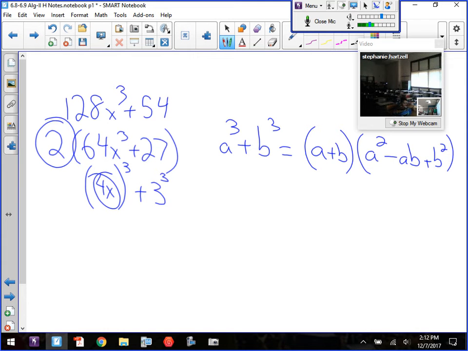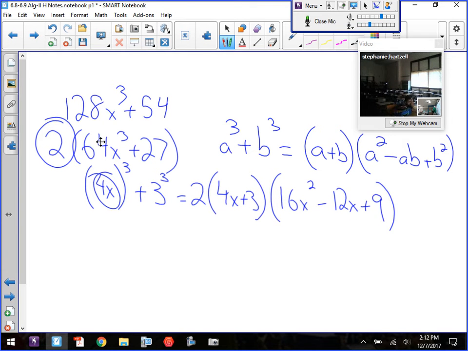The 2 has to come along for the ride because it's saying factor. 2 is a factor, it's got to continue with it. So this becomes 2 times the quantity, 4x plus 3, 16x squared minus 12x plus 9. And that would be your final answer.